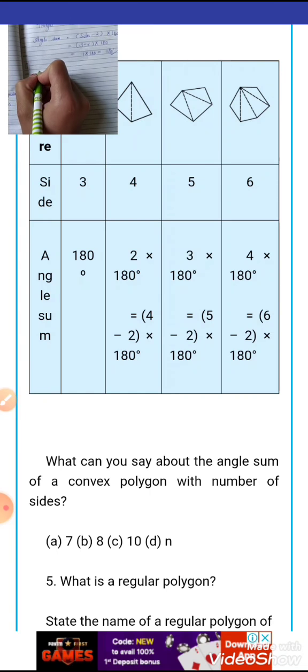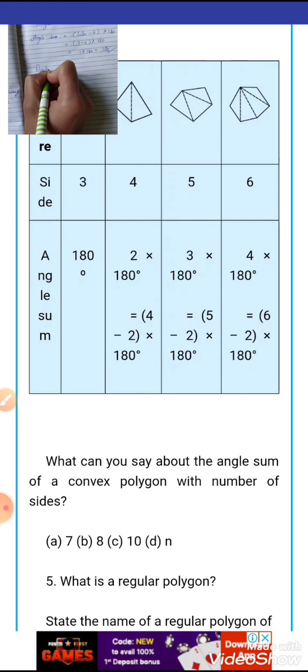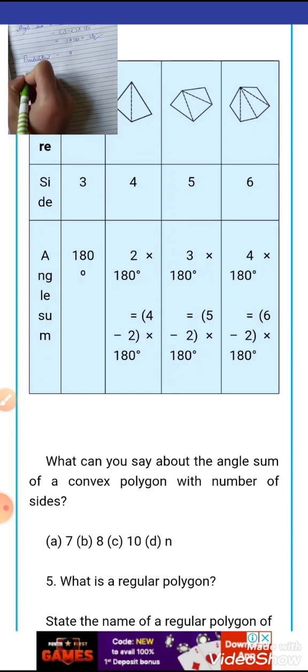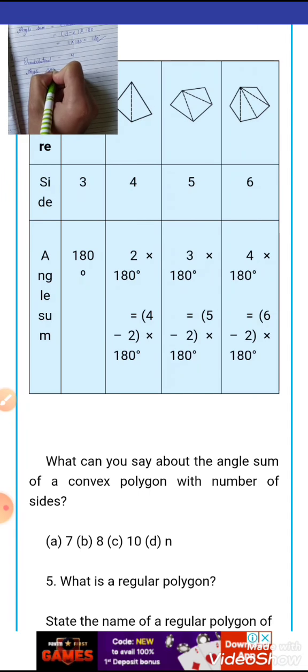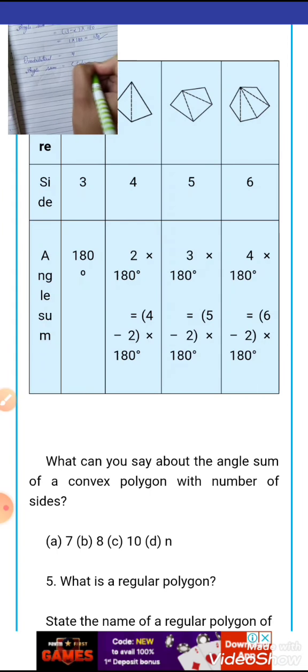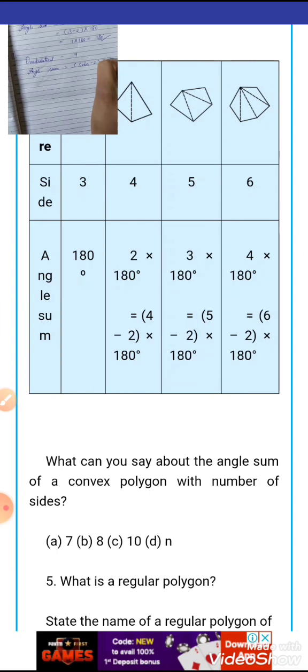For a quadrilateral, there are 4 sides, so the angle sum is (sides minus 2) multiplied by 180.